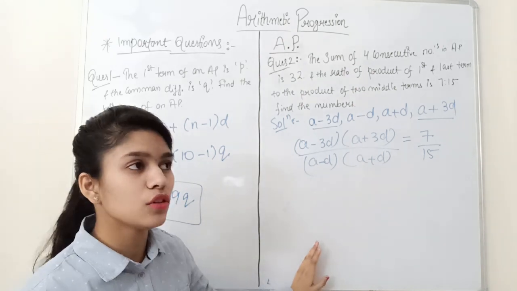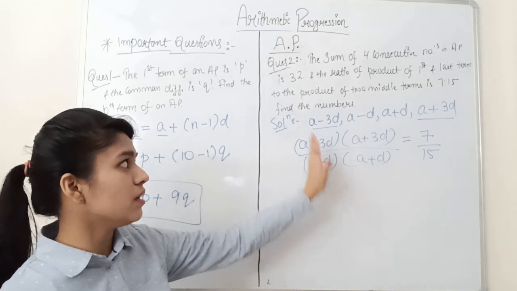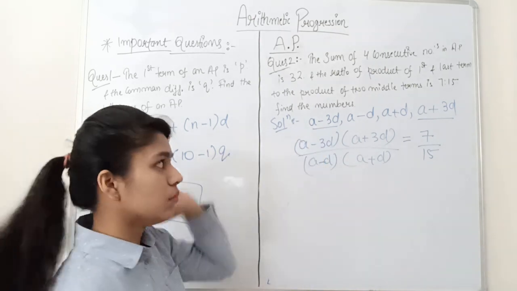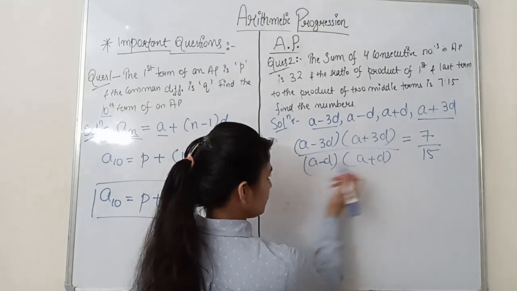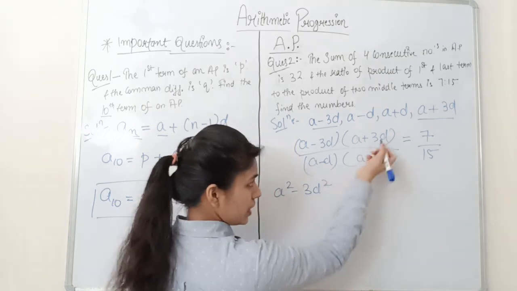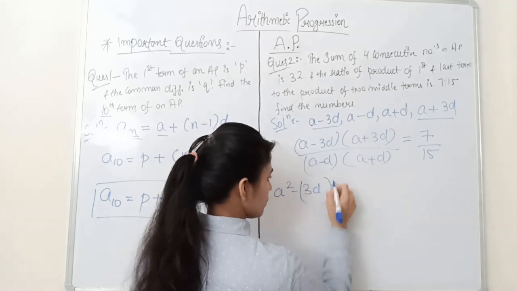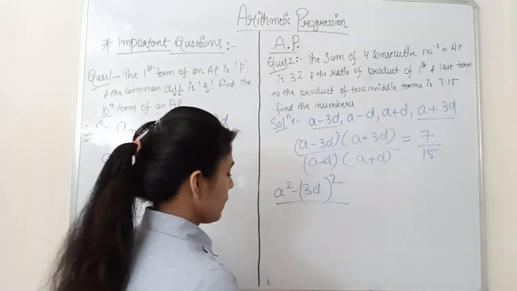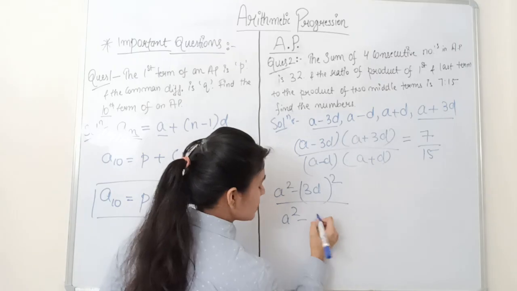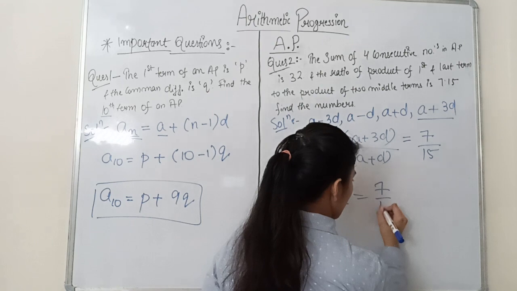After finding the value of d, we will put the values of a and d and easily find the numbers. So this will be a square minus 3d whole square, divided by a square minus d square, equals 7 by 15.